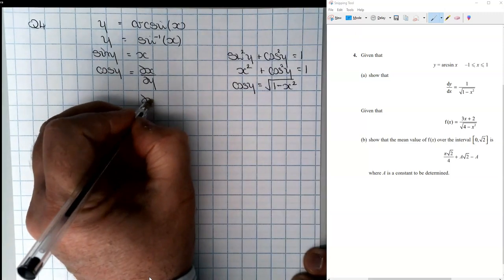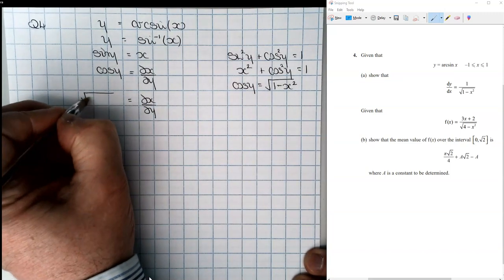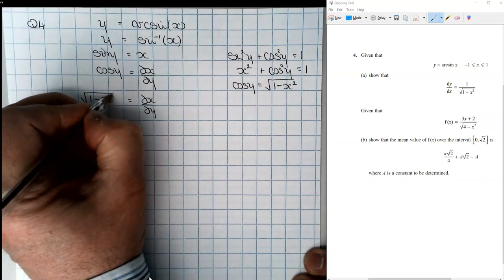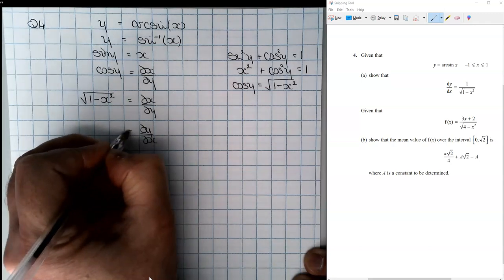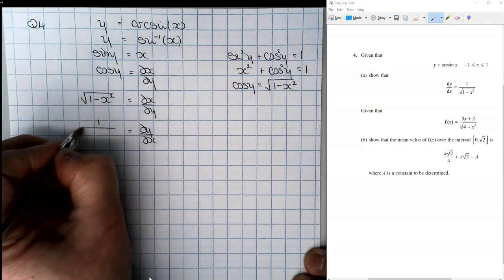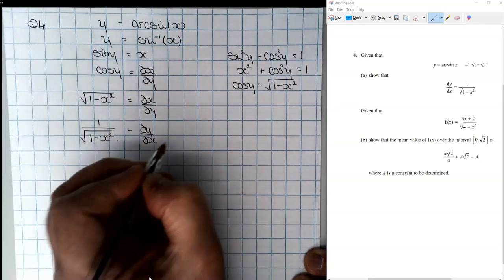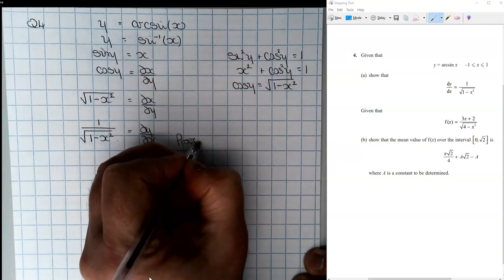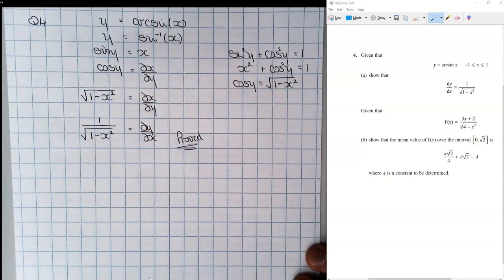So we've got dx by dy is the root of 1 minus x squared, and therefore doing the reciprocal of both sides, dy by dx is 1 over the root of 1 minus x squared. Okay, so that's proved that. Proved as required, QED, one of those.